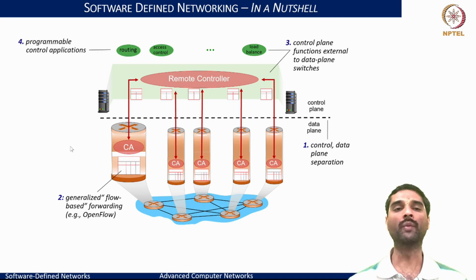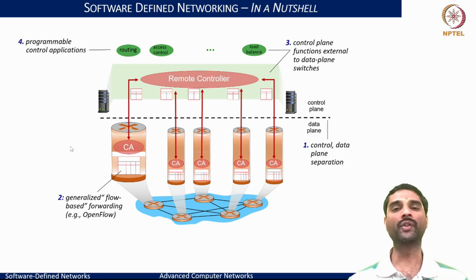And more importantly, because the control functions can be run on our regular machines, the control applications become programmable, in the sense that every individual can now program and control the way the routers behave, and dictate much more easily what objectives need to be achieved.